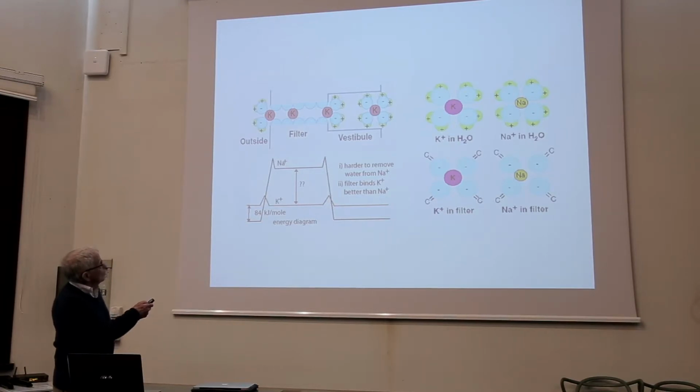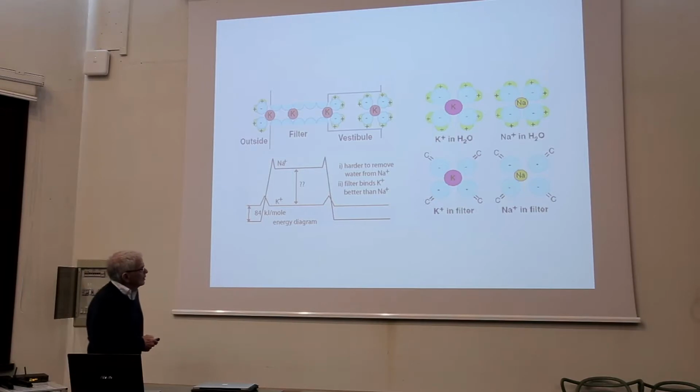Okay, so here then we have the picture emerging of a vestibule on the inside of the channel, a filter where, in the vestibule, the potassium ion loses its waters of hydration, takes off its water coat, goes out, and then resumes its water coat when it gets outside.